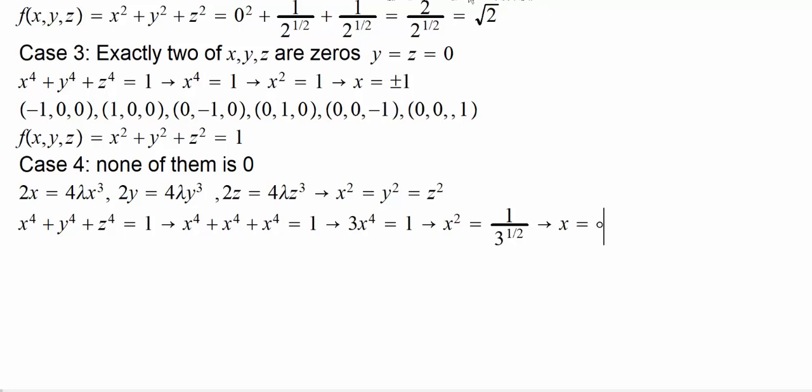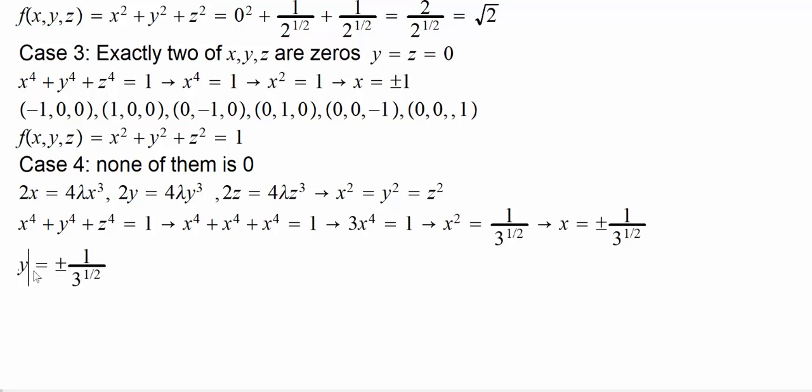Similarly y and z will have the same values.